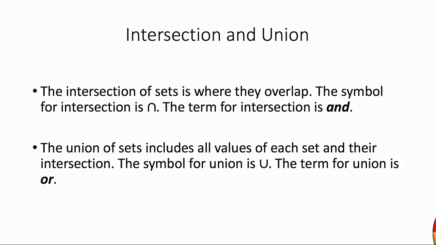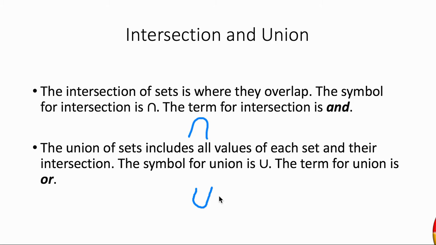So if you're trying to remember them, if you're looking for the symbols, this is the union, so the other one must be intersection. The U-looking one is for union.